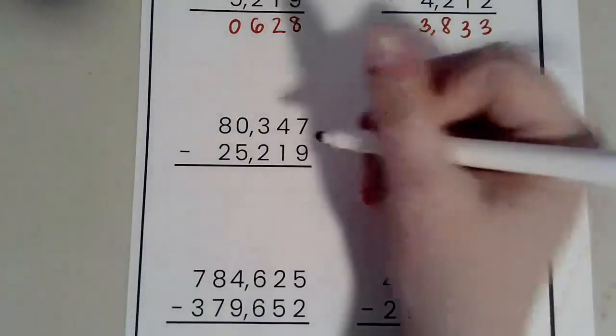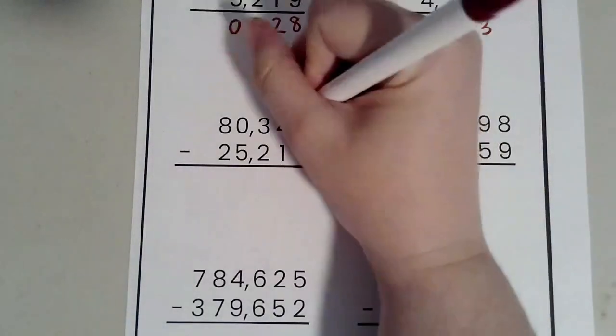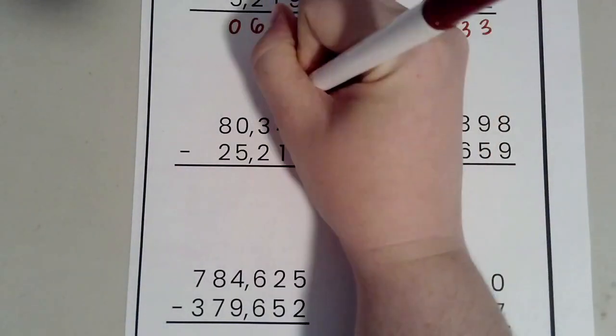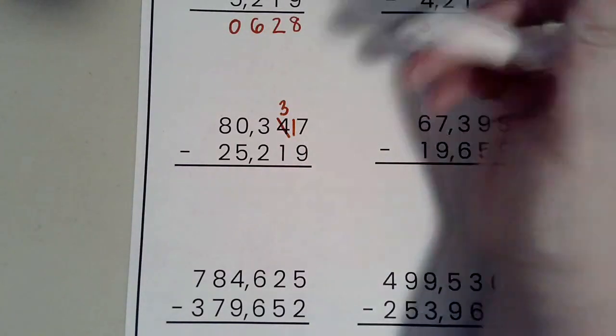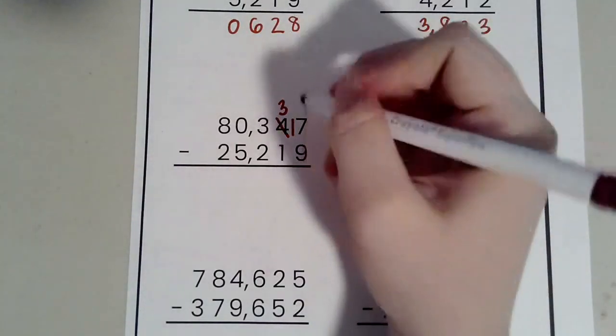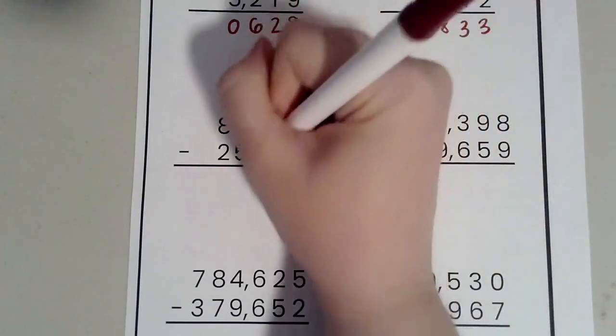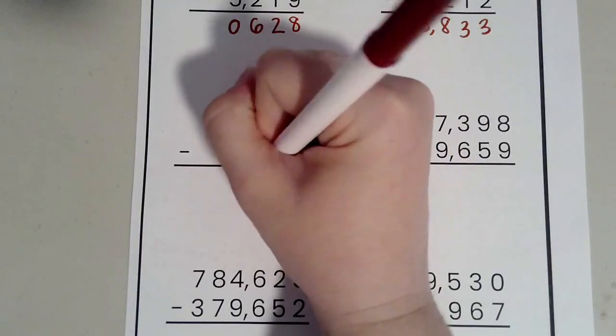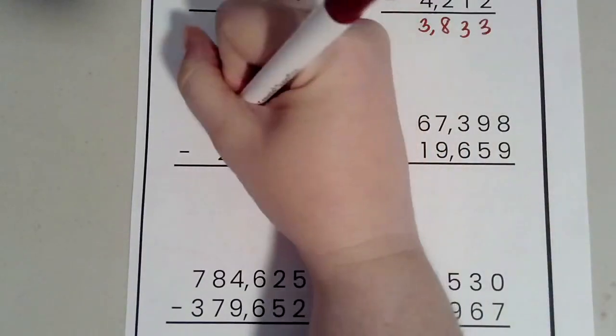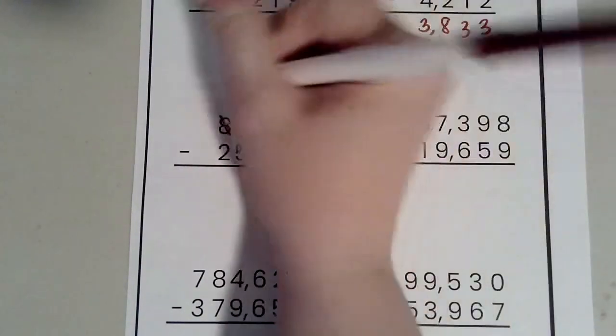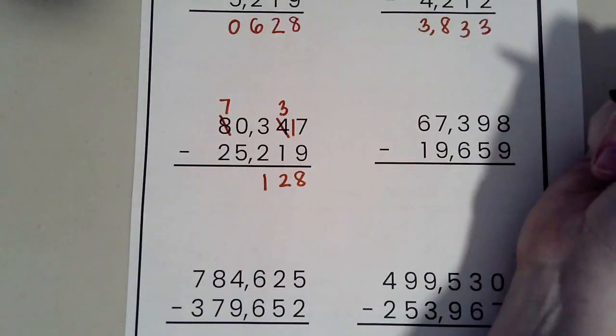Okay, I can zoom a bit. All right, 7 minus 9, we can't do that. So let's go ahead. 4 is going to become a 3. 17, right? Because we took 1 from there. 17 minus 9 is 8. 3 minus 1 is 2. 3 minus 2 is 1. 0 minus 5 we cannot do, so let's borrow. 8 turns into a 7.